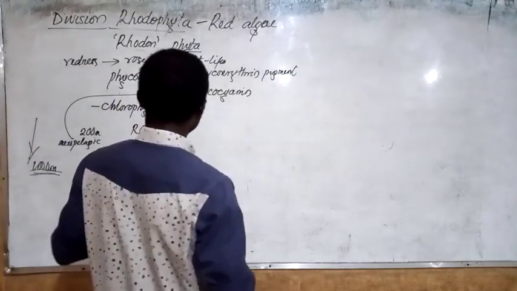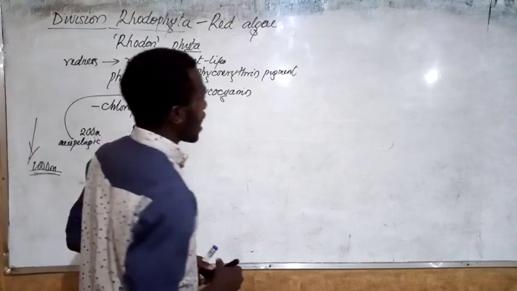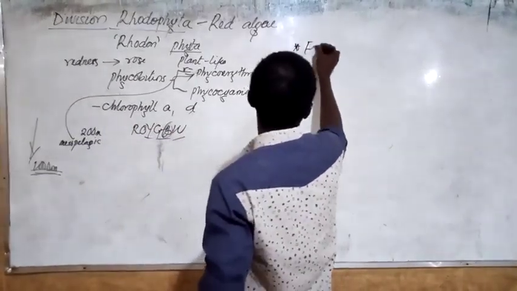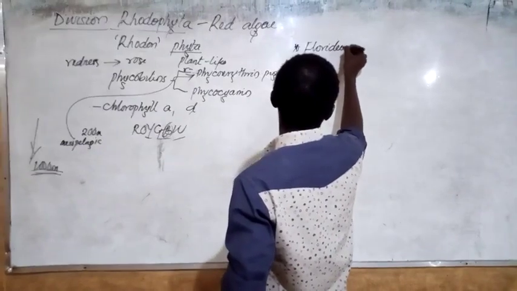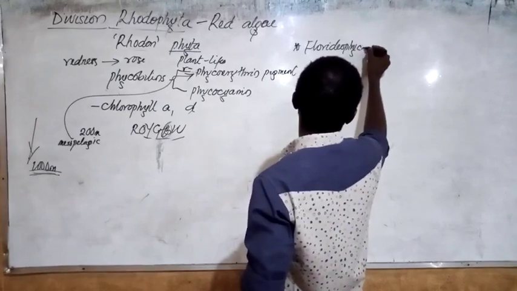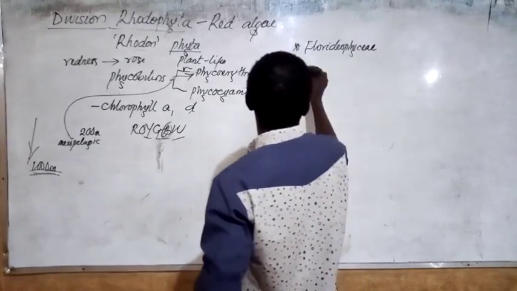Okay. Now the red algae, we know that they are classified into two classes. Basically, the Floridophysi and the Bangiophysi.